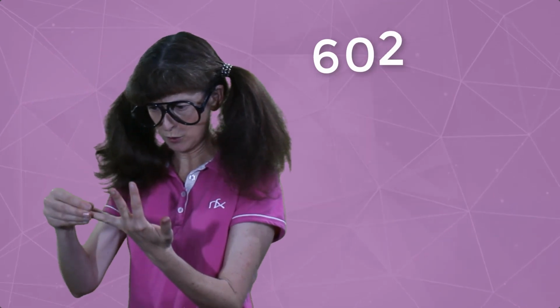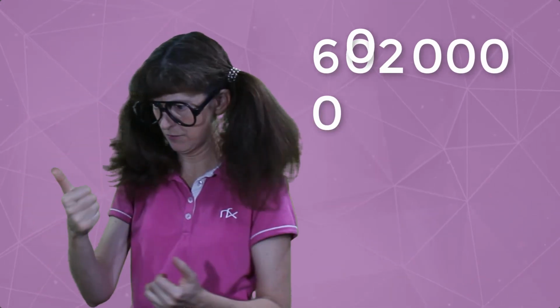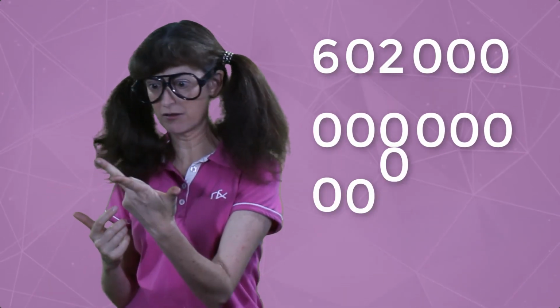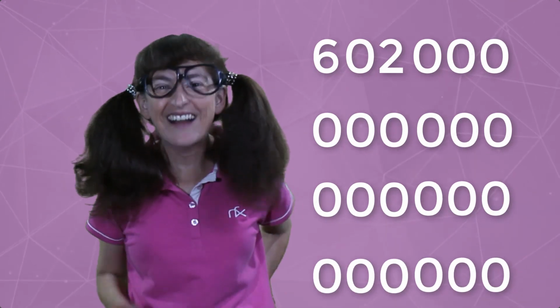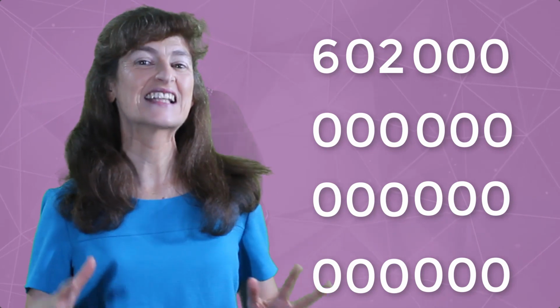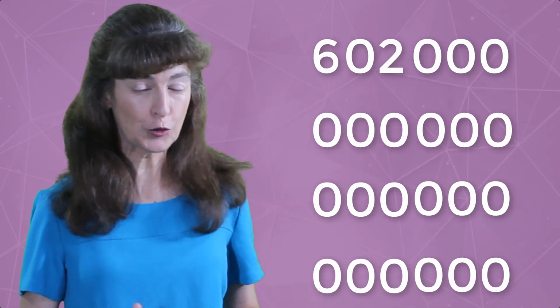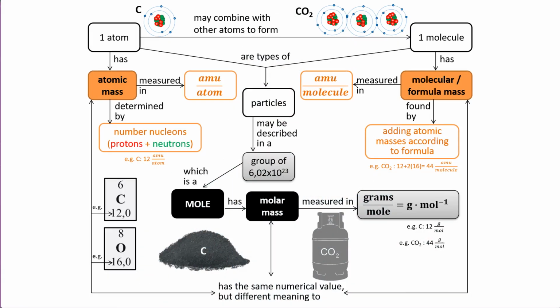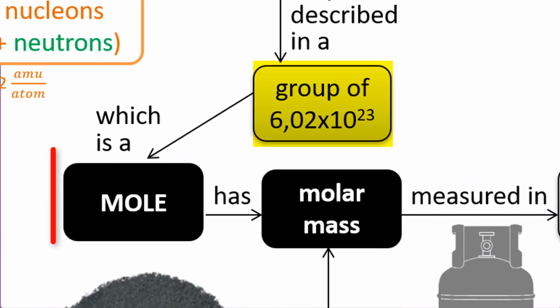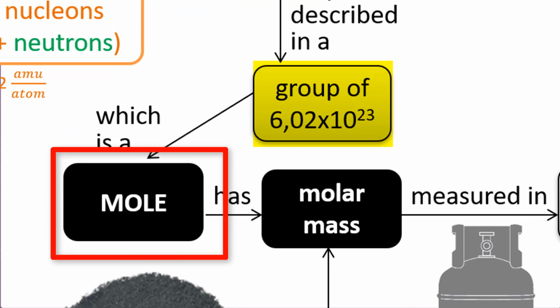So that's 6,02 followed by twenty-one zeros. That's 602,000 million million. Isn't that quite a lot? It's an enormous amount. That's how many particles there are in 1 mole of particles.